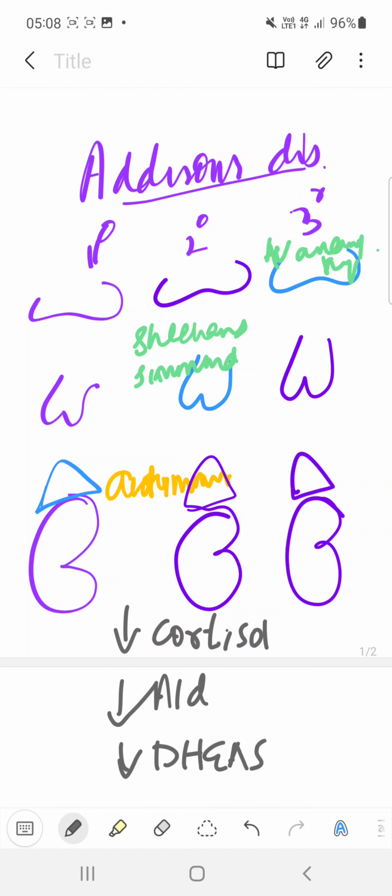So the whole gland function is decreased. So what happens? Decreased cortisol, decreased sugar, hypoglycemia, palpitation, tremor, sweating.